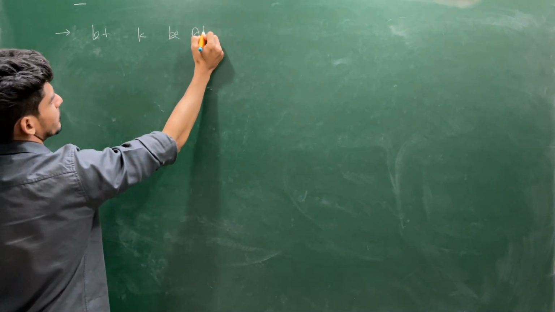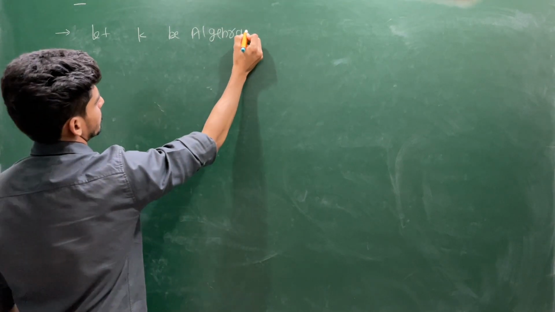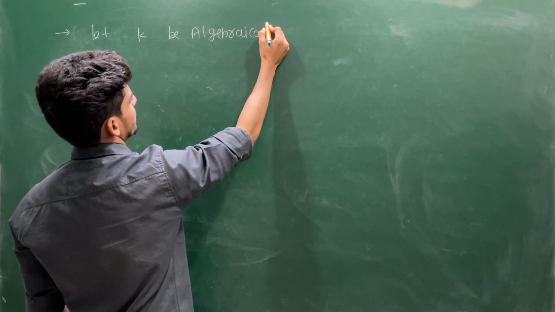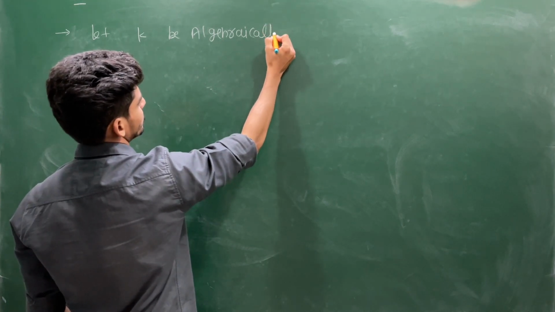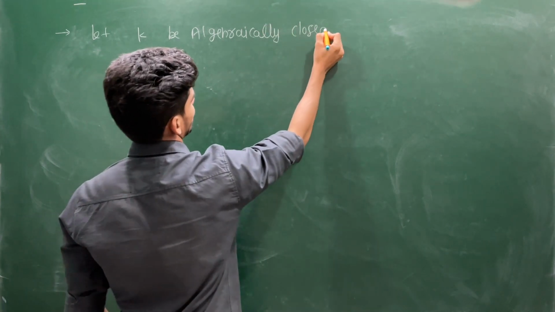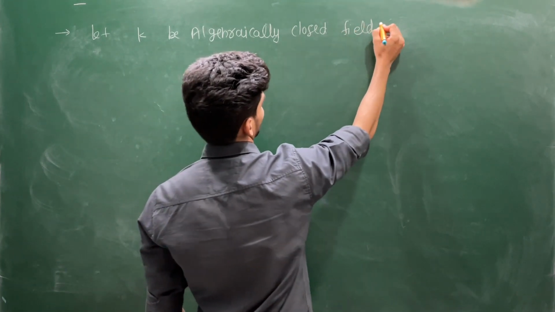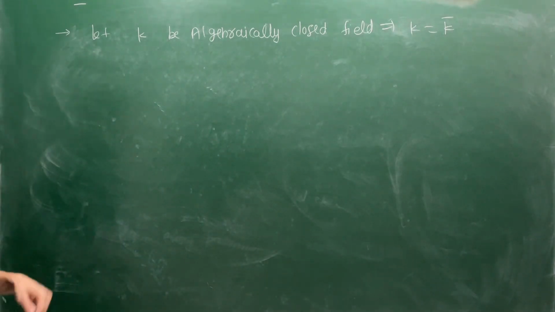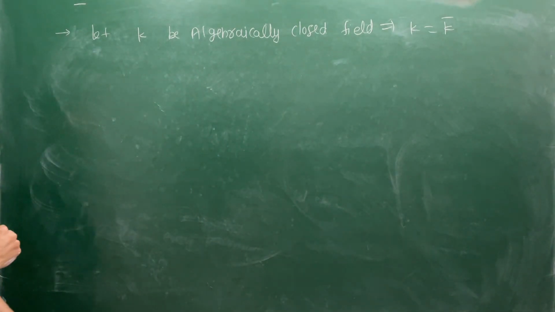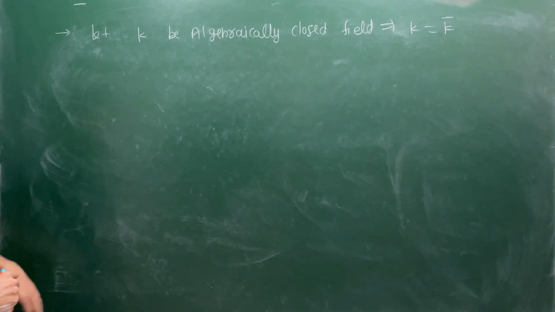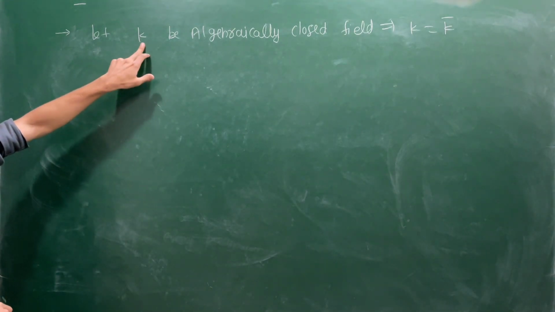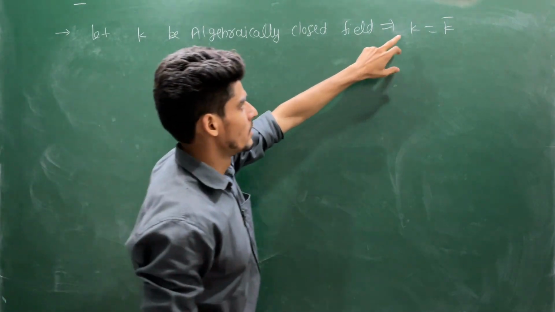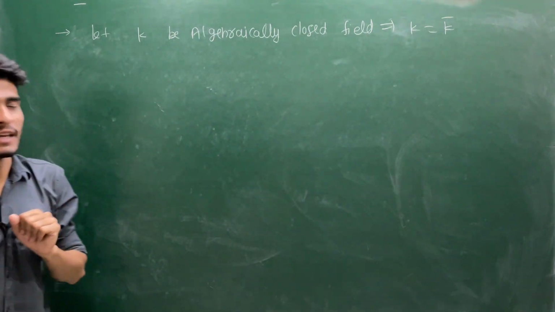Let k be an algebraically closed field. Can I say k and k bar will be the same? You are seeing this, k be an algebraically closed field, and you are asking whether k and k bar are the same or not.